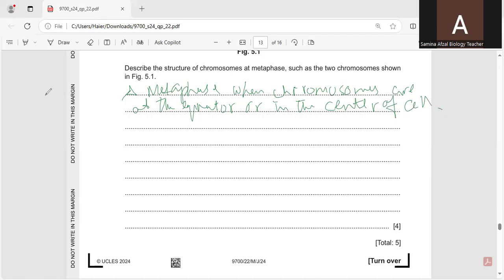So they arrange themselves in the center in this way.